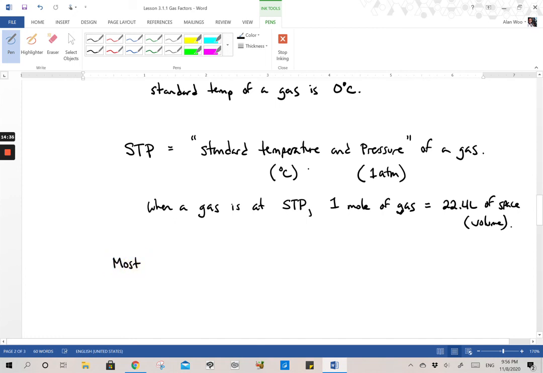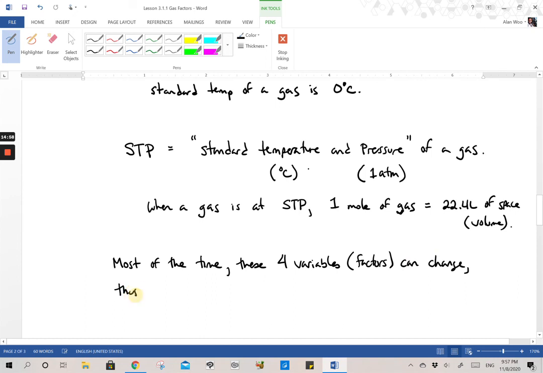Most of the time, these 4 variables or factors can change.